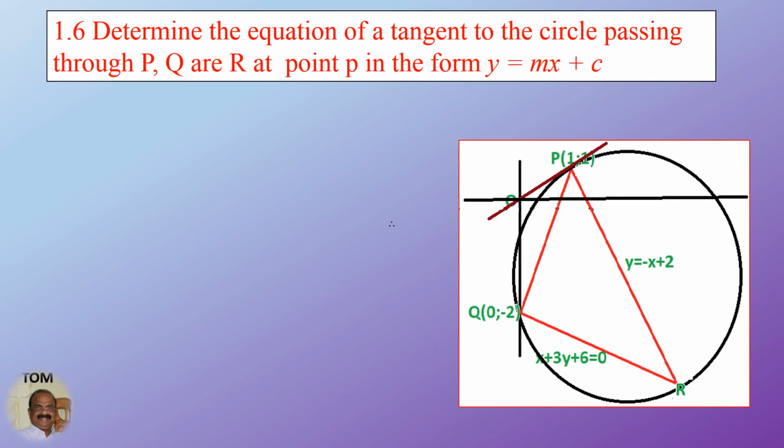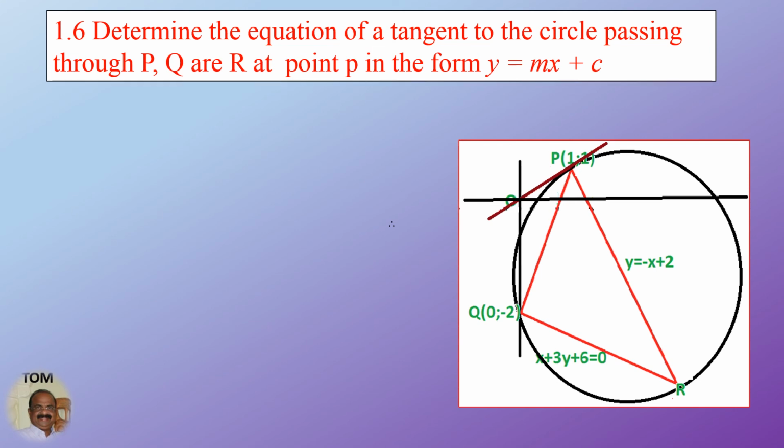Question 1.6. Determine the equation of a tangent to the circle in the form y equal to mx plus c. We know that a tangent is a straight line. We learned equation of circle and equation of tangent in grade 12.